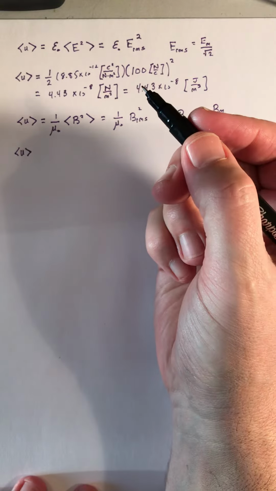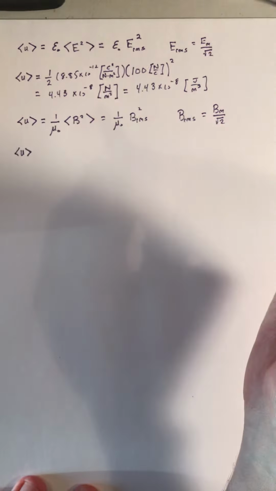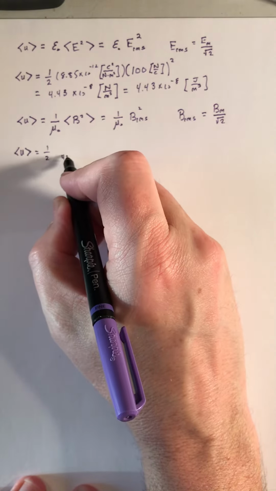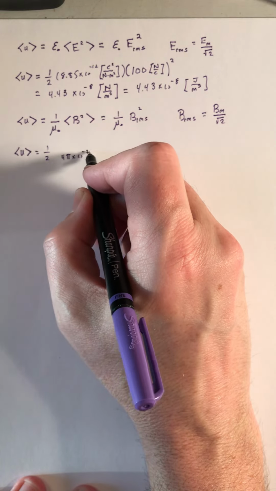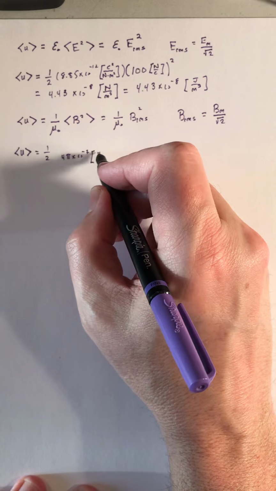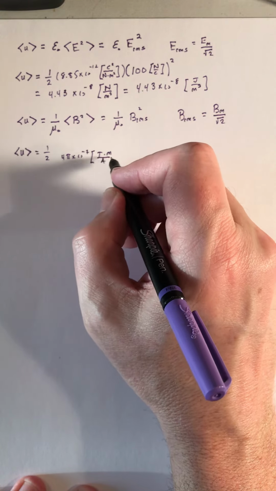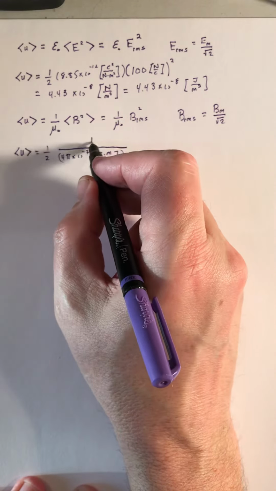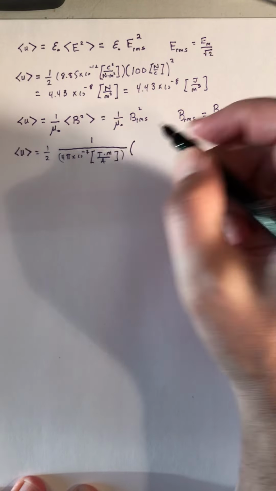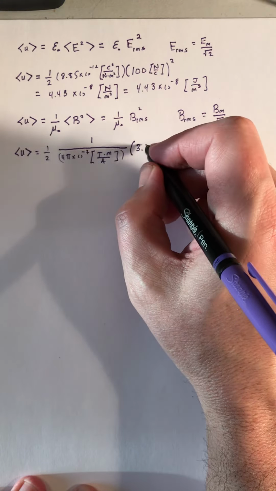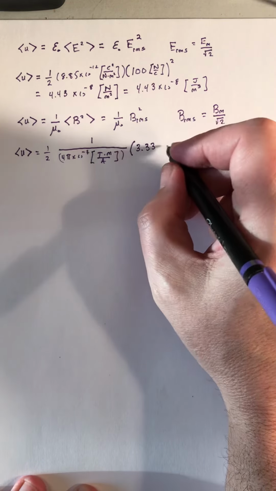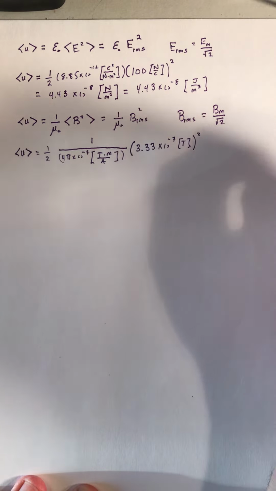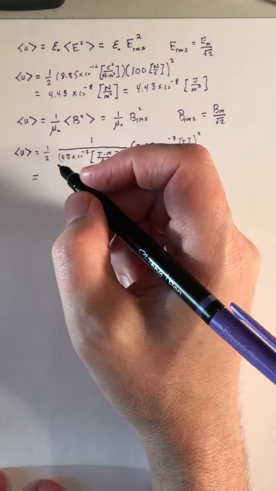Average energy density for this wave, but calculated from the magnetic field, we're going to have a half, and the denominator will have mu naught, 4 pi times 10 to the minus 7, and that is Tesla meter per amp for the permeability of free space, mu naught, and the magnetic amplitude was that repeating decimal 3.33 times 10 to the minus 7 Tesla squared.